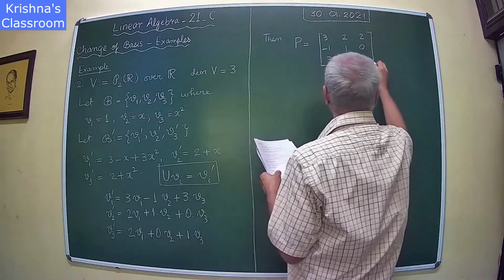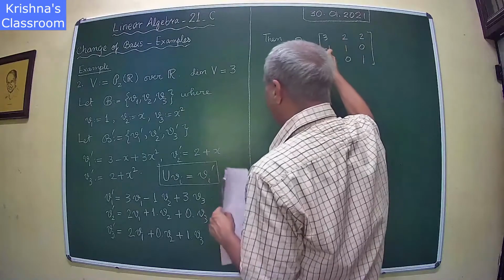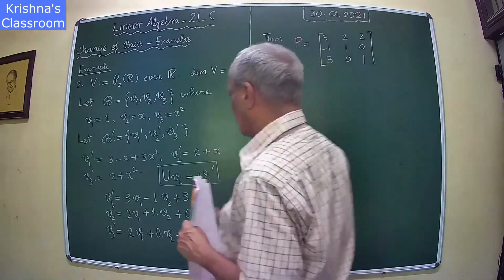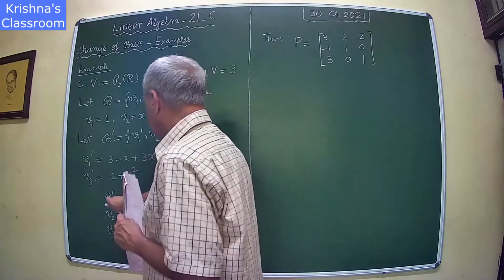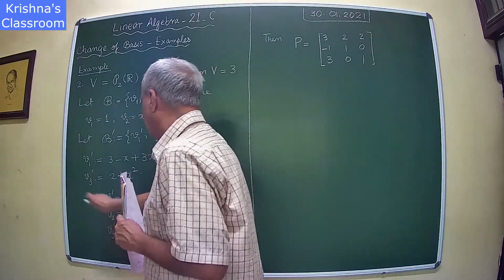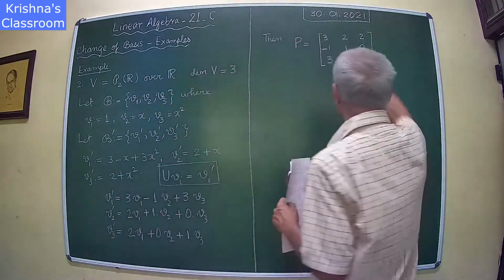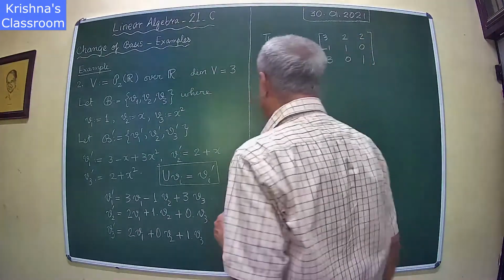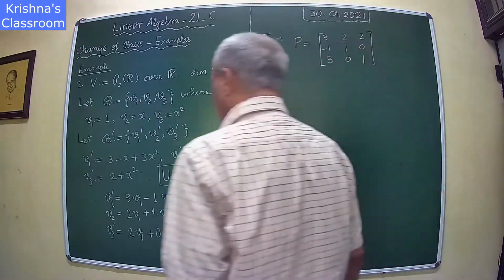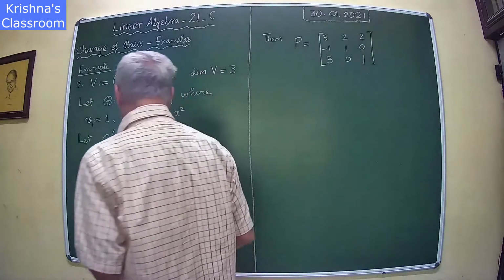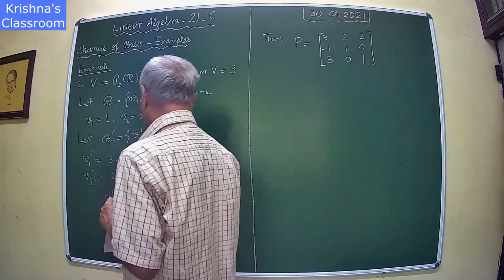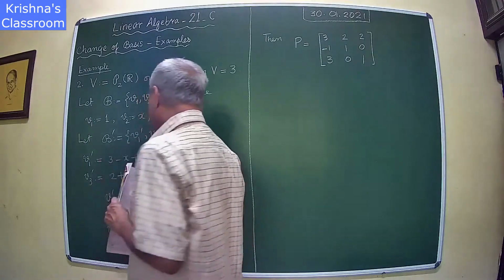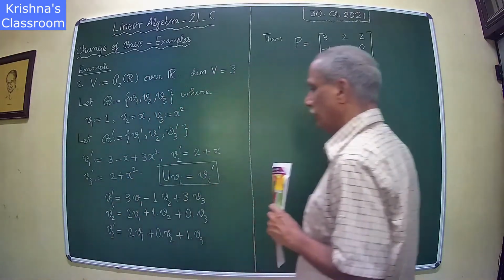In fact, the first column 3, minus 1, 3 gives the coefficients of V1, V2, V3 in the representation for V1 prime. Similarly, the second column 2, 1, 0 appears as the coefficients of V1, V2, V3 in the representation for V2 prime.